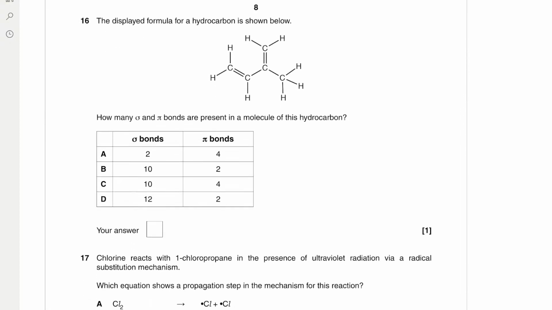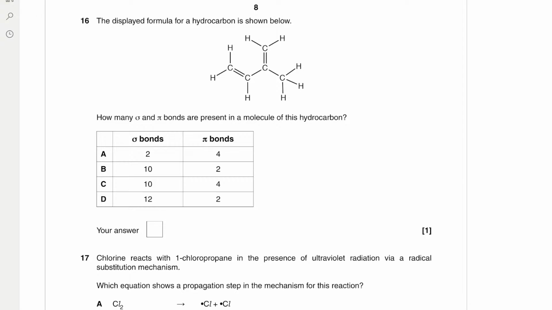Question 16. The displayed formula for a hydrocarbon is shown below. How many sigma and pi bonds are present in a molecule of this hydrocarbon? So, remembering that sigma bonds are single carbon-carbon bonds, and they are also carbon-hydrogen bonds. So students often forget that sigma bonds are carbon-hydrogen bonds.